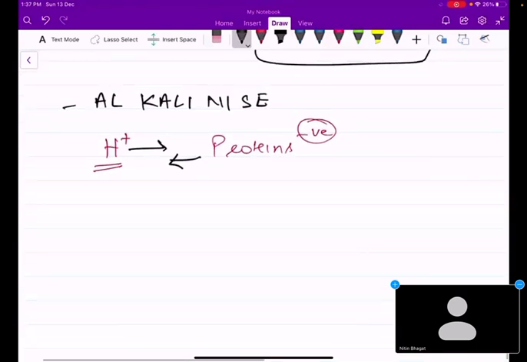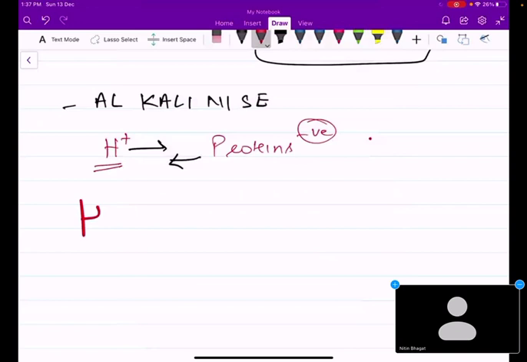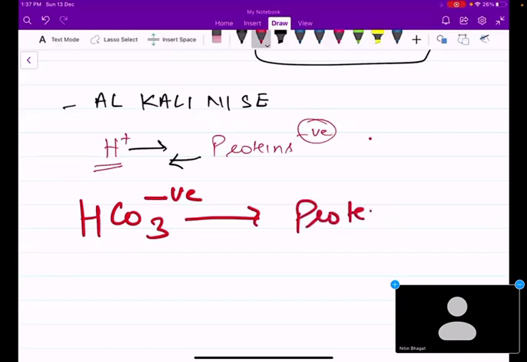If we make the urine alkaline, it will have bicarbonate ions. Bicarbonate ion has a negative charge. So what will happen? They will repel the proteins, and the proteins will be forcefully thrown out. That is why it is called forced alkaline diuresis.